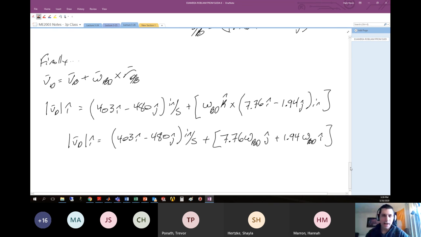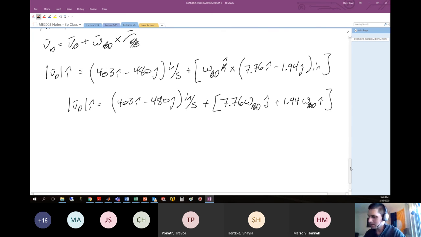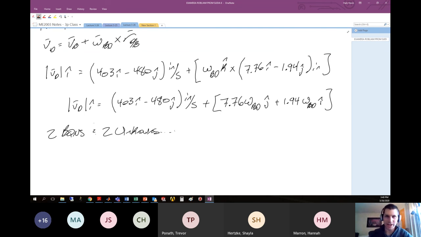All right, so here we have two equations, one in I, one in J, and we have two unknowns, the magnitude of the velocity of D and the angular velocity of link BD. So let's just go ahead and solve. We can look at either the I hat or the J hat first. I'm going to opt to look at J hat first because there's no component of J on the left-hand side of my equation.